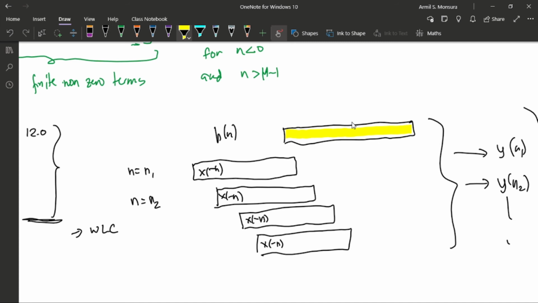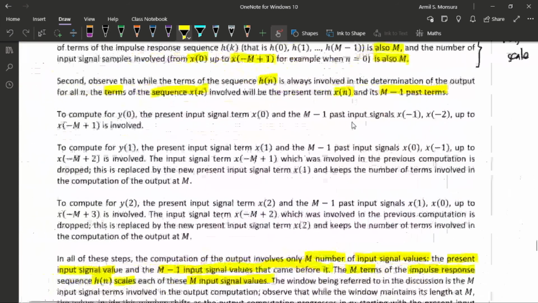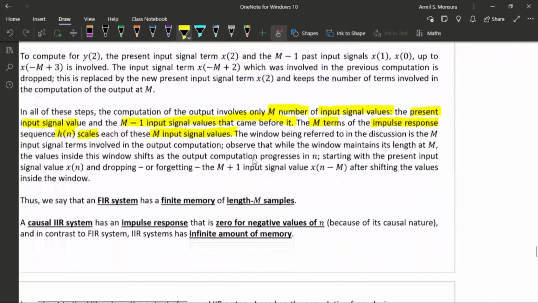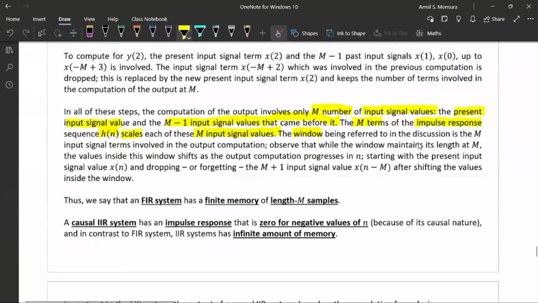So the window being referred to in the discussion is the M input signal terms involved in the output computation. Observe that while the window maintains its length at M, the values inside this window shift as the output computation progresses in n.